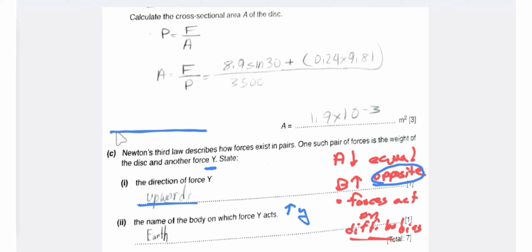Let's suppose this is the ground, and let's suppose instead of the disk, this is our ball. So the ball is in air.